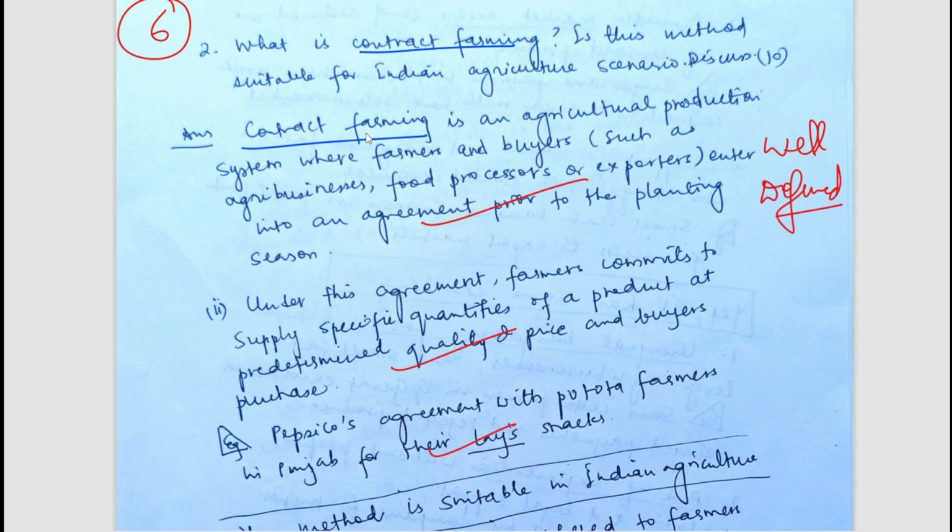In response, the farmer has to produce that particular crop for the contractor and sell it to the contractor at predetermined prices. So this is what contract farming is.